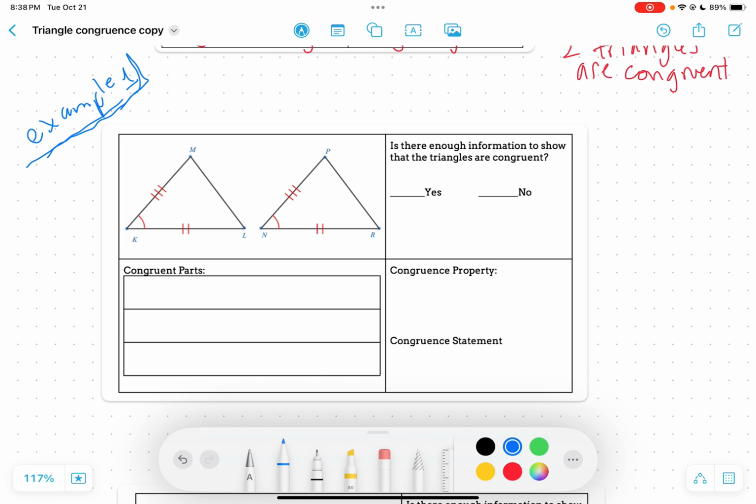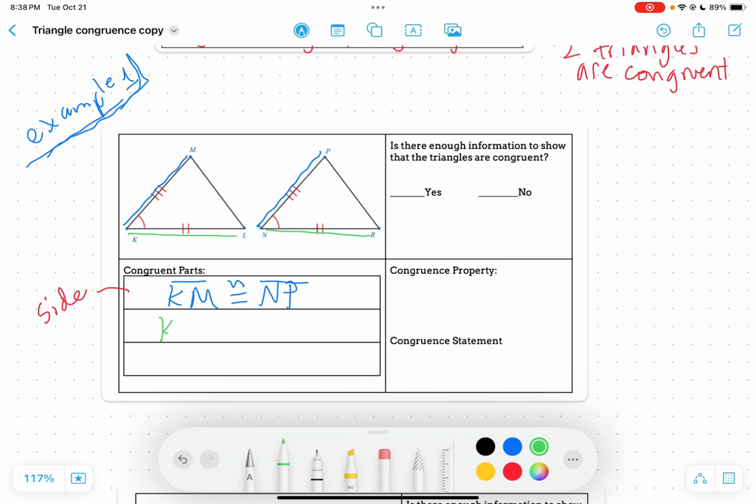Okay, so let's look and see, what do I have? What are my congruent parts? So first I see that this line segment is congruent to this line segment. The way that I'm going to label that is I'm going to say segment KM is congruent to segment NP. So that's the side. I have another set of sides congruent.